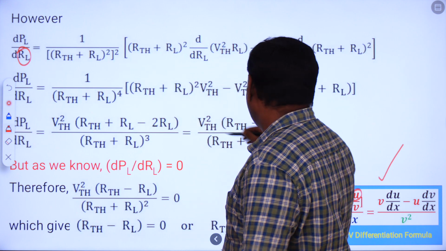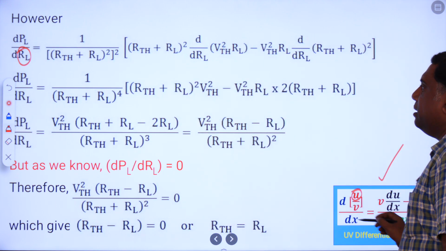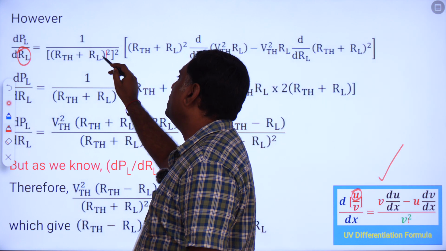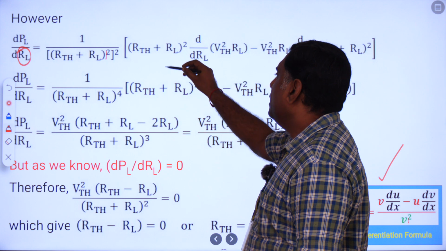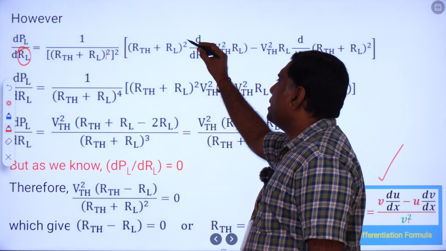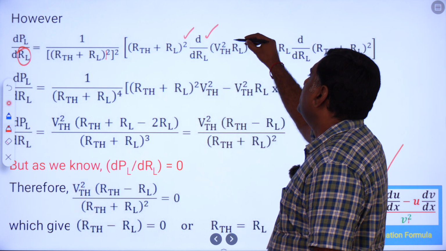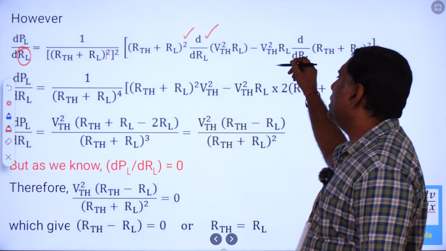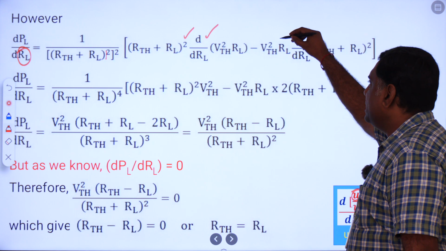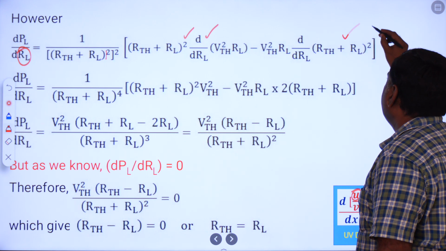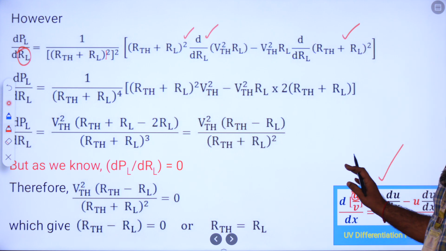As we know V, we substitute the V squared. V squared is R Thevenin plus RL squared, whole squared, into the differentiation d by dRL of V Thevenin squared into RL, minus V Thevenin squared RL into d by dRL of R Thevenin plus RL whole squared.